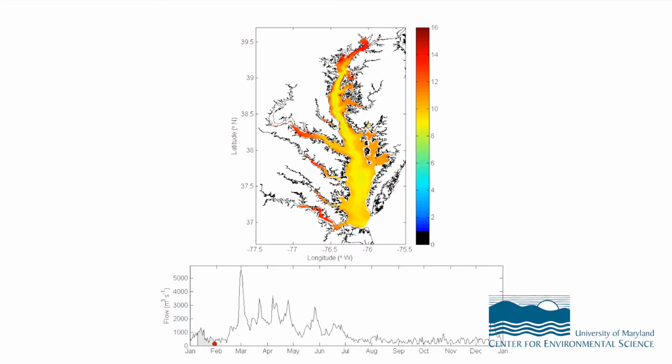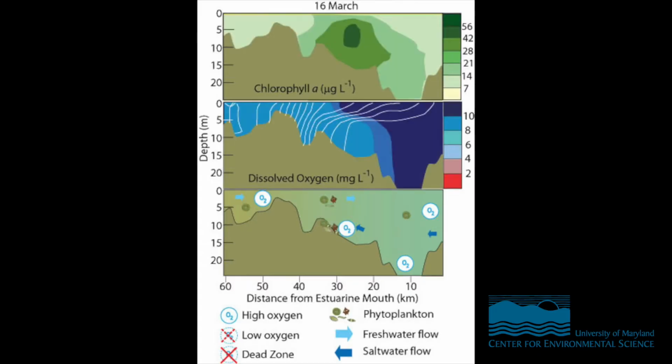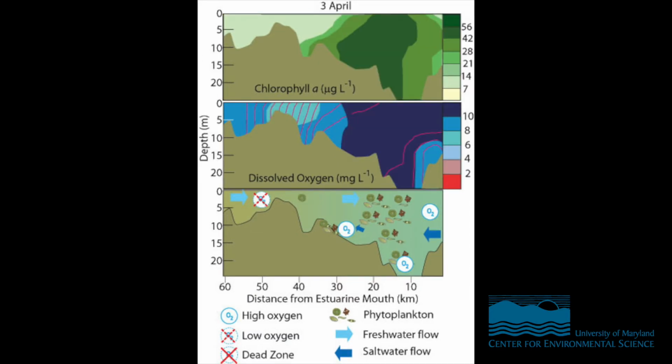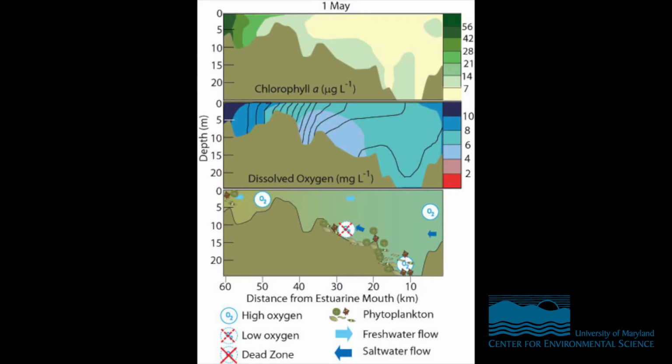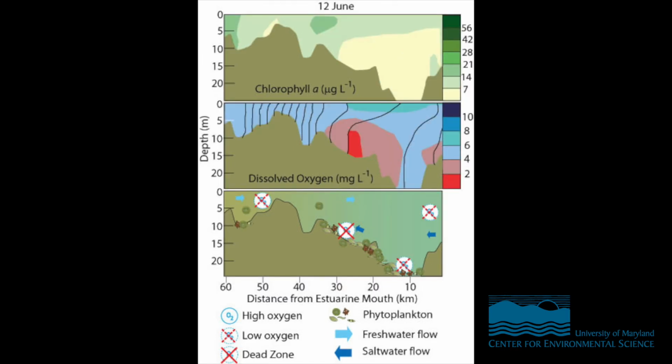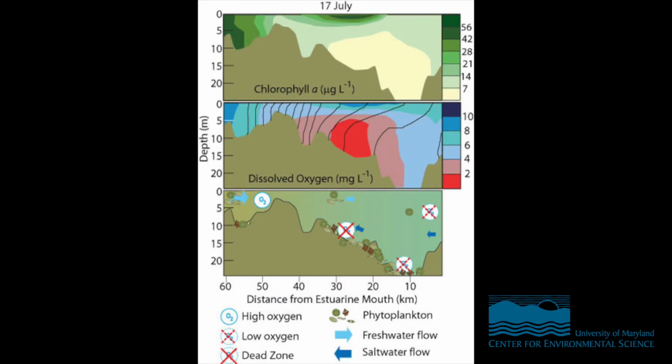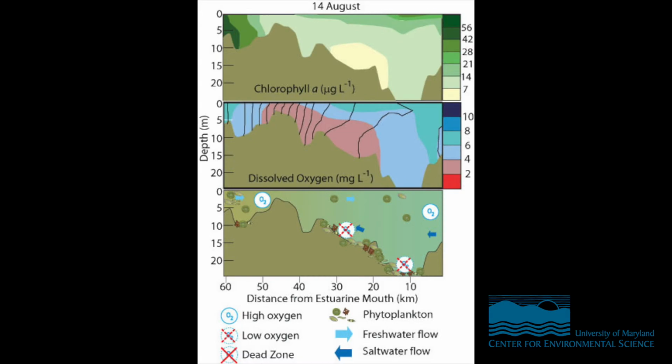So one of the tools that I often use, and my colleagues do as well, are numerical models. We take everything we know about the system, express it in mathematical formulations, and then link those mathematical formulations into a computer program which will then represent how the water moves in Chesapeake Bay, how the organisms move in Chesapeake Bay, and how the chemical reactions occur in response to various things like temperature and the availability of certain compounds.